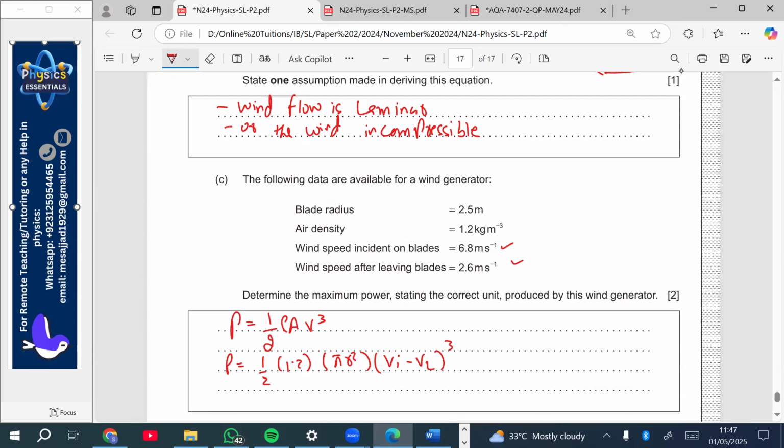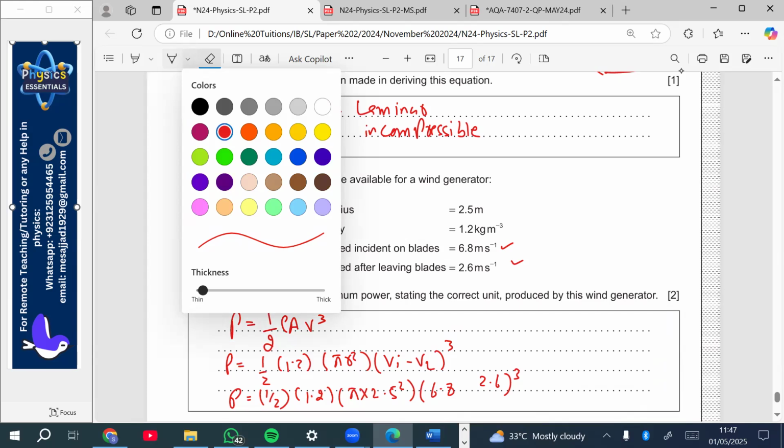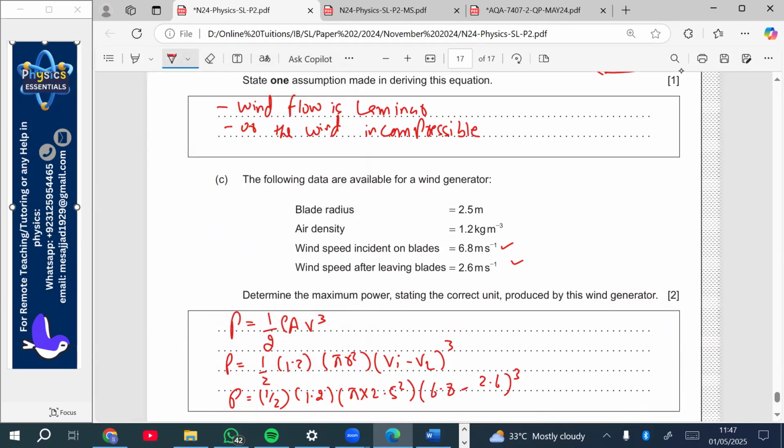So it's actually the difference now. 1 by 2, 1.2 pi, and the radius is 2.5 squared. In is 6.8 cubed minus out is 2.6 cubed. Okay, not separately, it's just inside. Let me calculate the value.